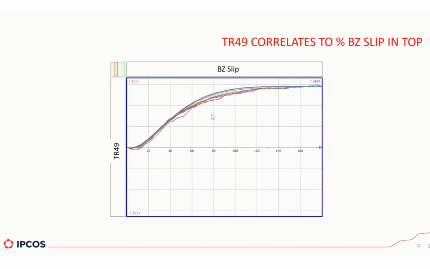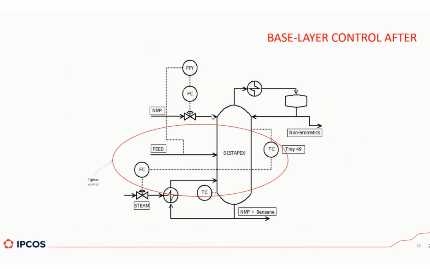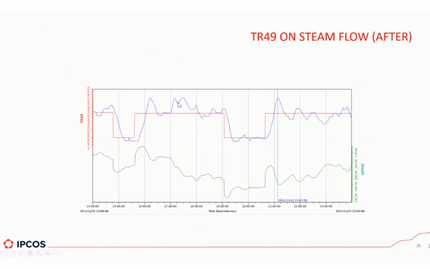And I mean, you guess, what did they try to use? Well, actually, this is after the modification, but initially, what they were trying to use to control the temperature of the top was, in fact, the solvent flow itself.